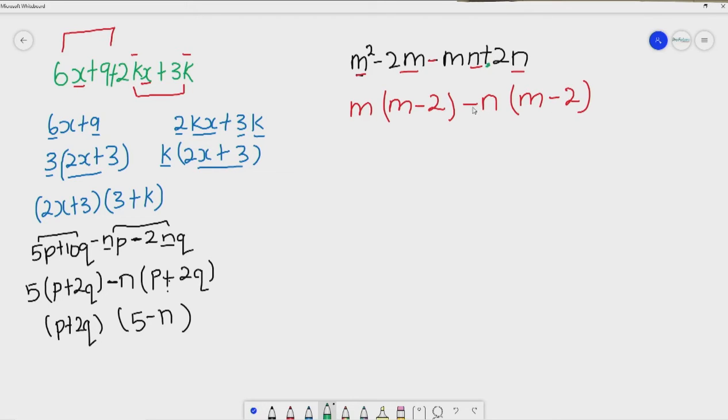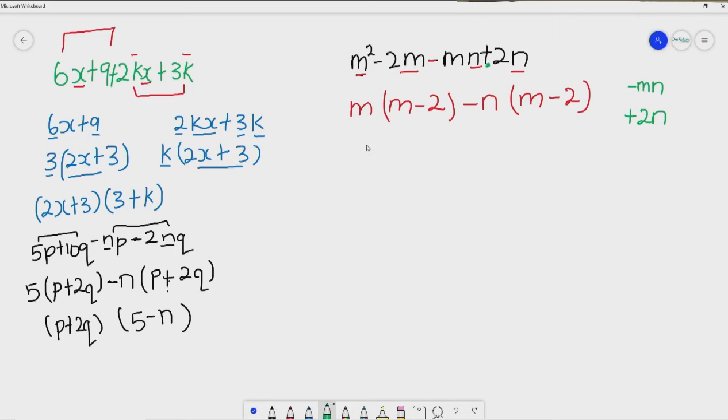If we clear the bracket, we have minus n into m take 2. Minus n multiplied by m gives us minus mn, and minus n multiplied by minus 2 gives us positive 2n. If we had put an addition sign there, that would have changed the entire sum. So we need to be careful with our signs.